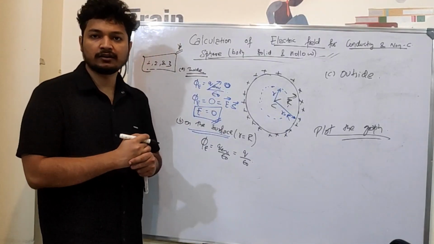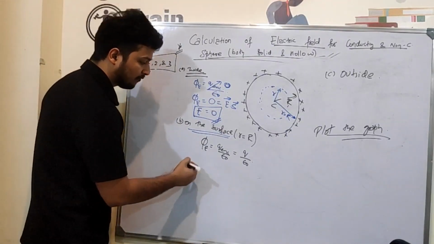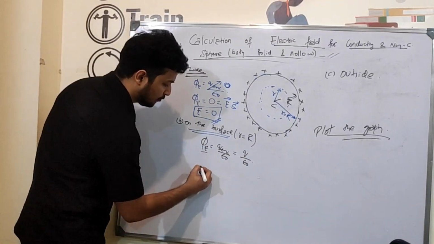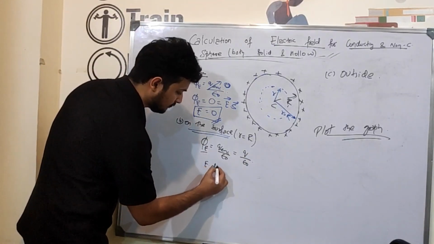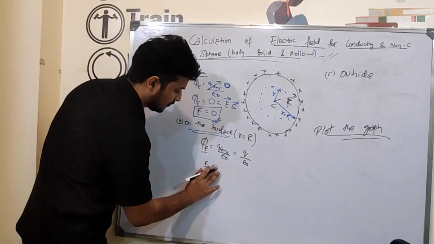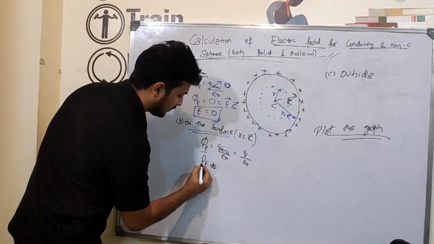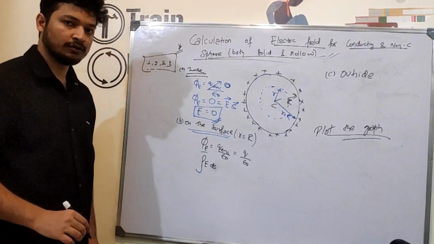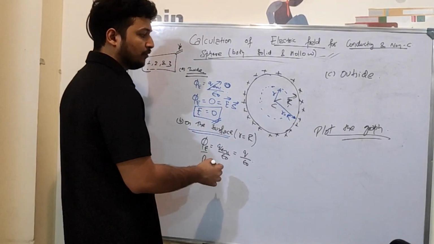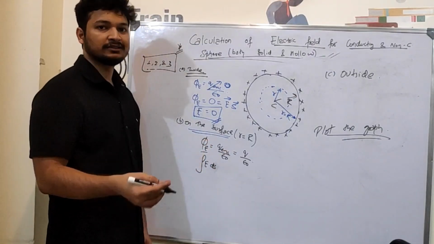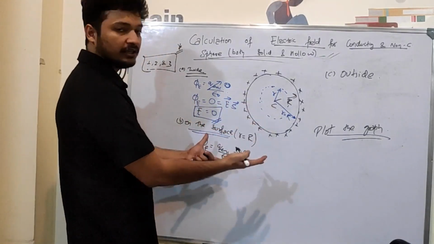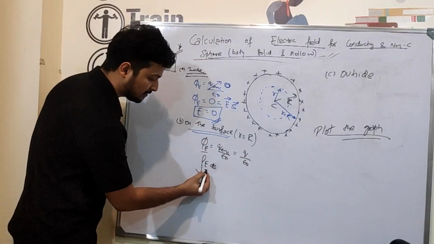We know that the value of electric flux will be equal to E dot ds, and we integrate this value. Now since we know that the value of electric field will be what? Symmetrical, because it's a sphere. That means we can take this E out of the integration.